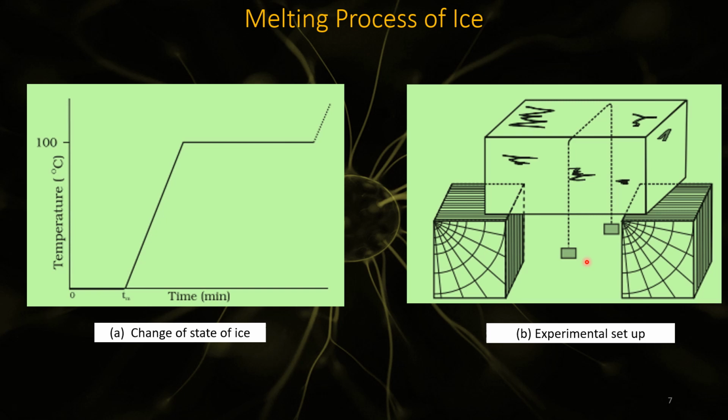This happens due to the fact that just below the wire, ice melts at lower temperature due to increase in pressure. When the wire has passed, water above the wire freezes again. Thus, the wire passes through the slab and the slab does not split.